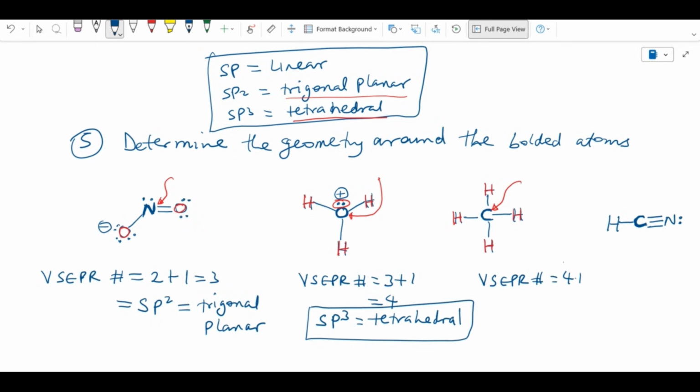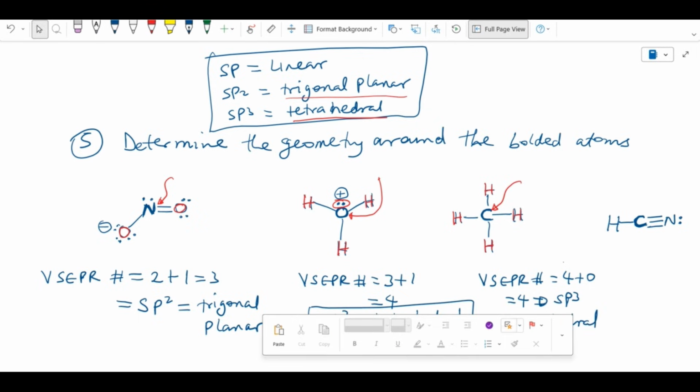So that will be 4 plus 0, which is 4. 0 means there are 0 lone pairs. So if the VSEPR number is 4, the hybridization will be sp3, and as such, the geometry will be tetrahedral. So that carbon atom has a tetrahedral geometry.